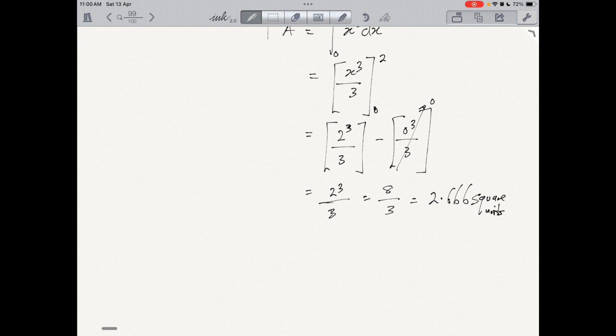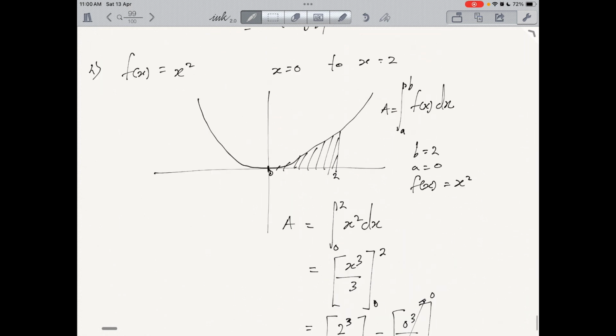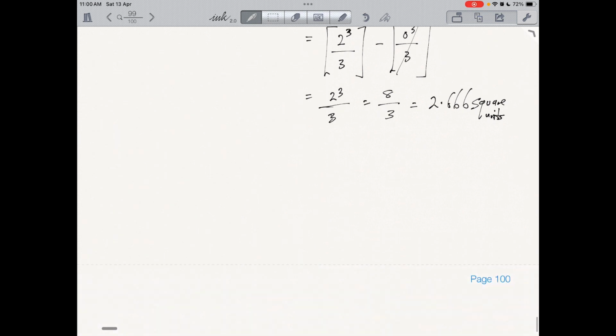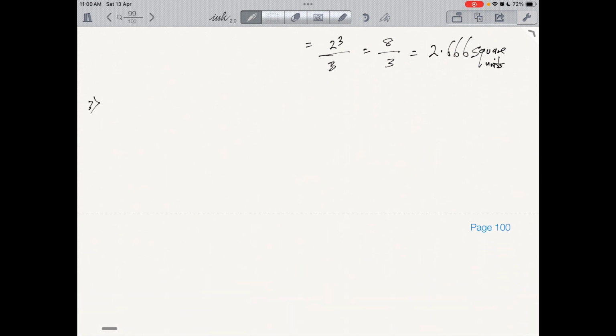Let's take the final example. We're given f of x equals 7 minus x squared, and the boundaries are x equals minus 1 to x equals 2.